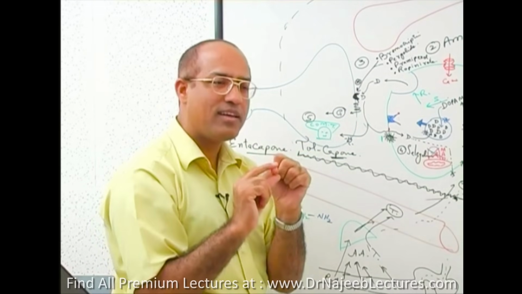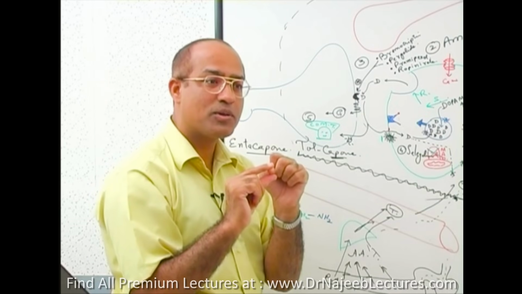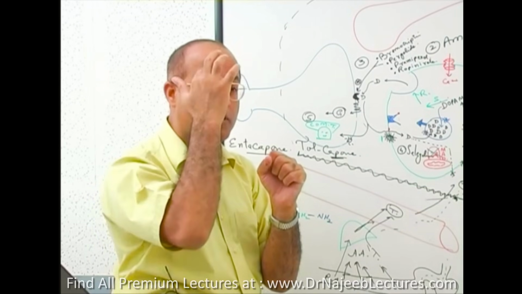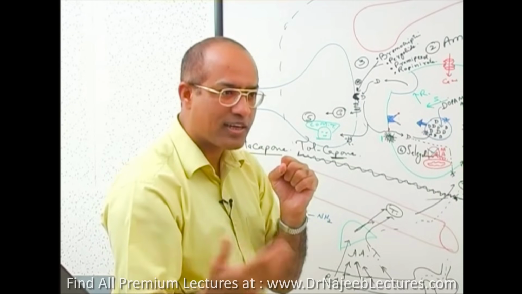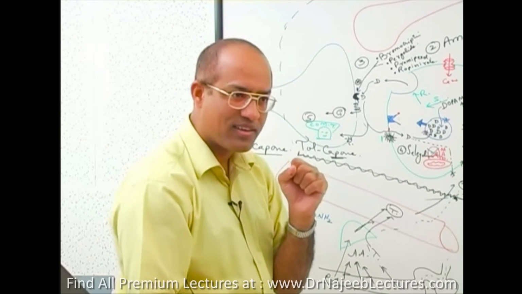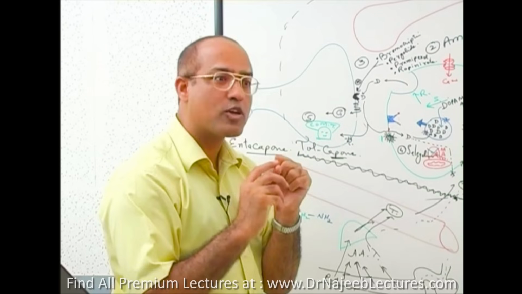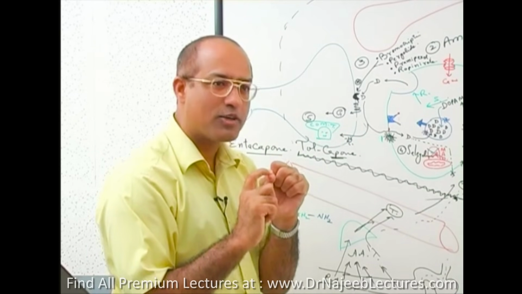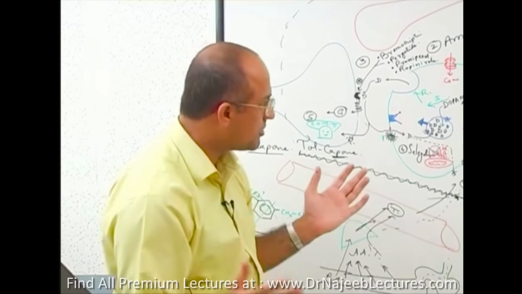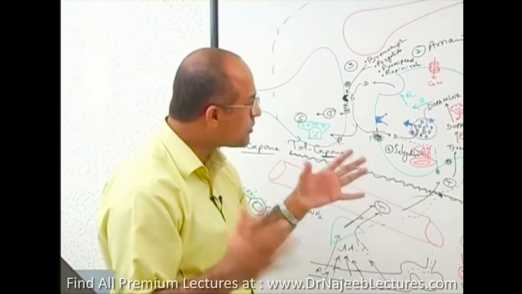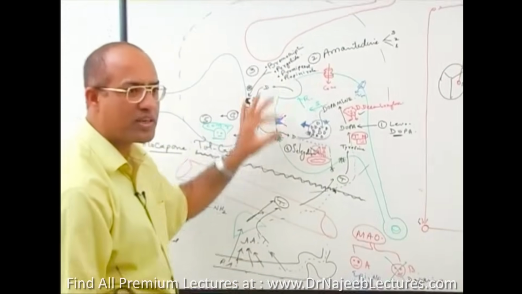And then the last strategy to increase dopamine activity is to inhibit the COMTs, the catechol-O-methyl transferases. The group of drugs are Tolcapone and Entacapone. We'll talk about that later. And of course, don't get too messed up with all this dopaminergic.